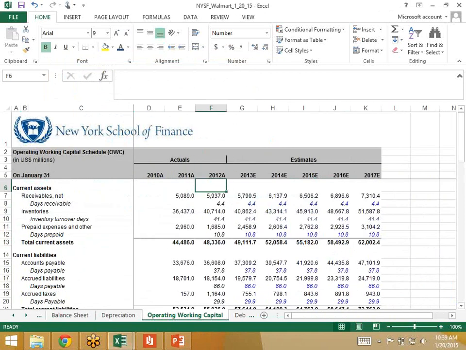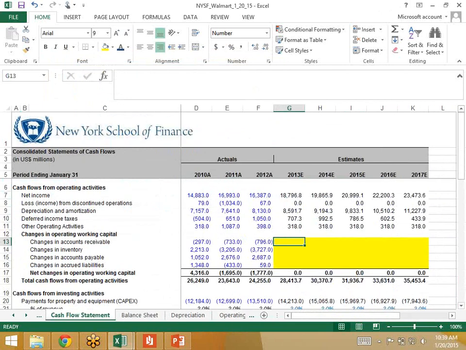So if we have from 2012 to 2013 a cash increase in accounts receivable, that should show as cash coming out. So I'm going to show this as negative, the change. So the way we transfer an asset into the cash flow statement is it'll be minus the year-over-year change because of the relationship between cash and an asset. If the asset goes up, cash goes down, or vice versa.